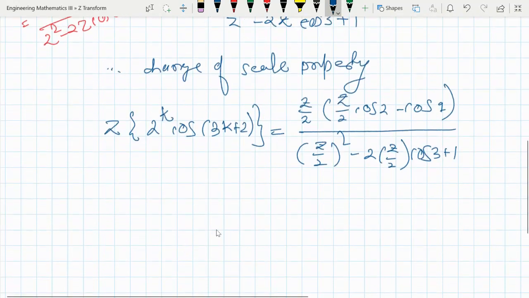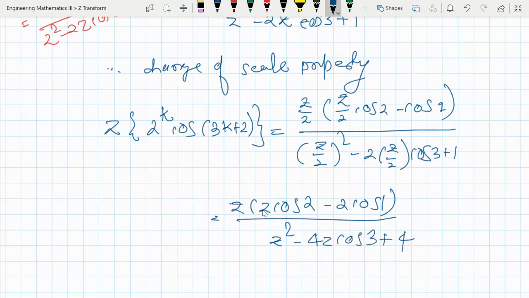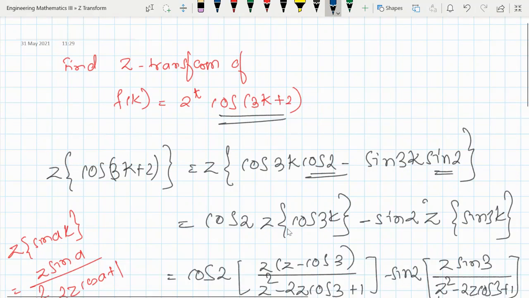Okay, and if we simplify, what I get is z into z cos of 2 minus 2 cos of 1 divided by z square minus 4z cos of 3 plus 4. Okay, so hope you have got it. This is my final answer to this question.